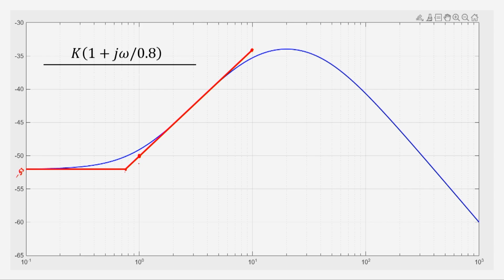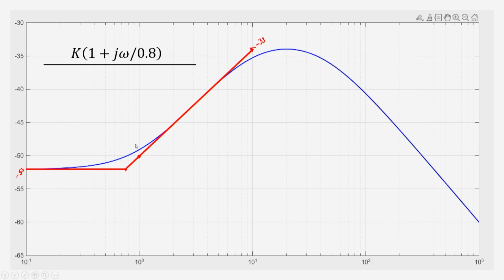So, there will be an increase of approximately how much? If you look at it, this is approximately minus 50, and this is approximately somewhere around minus 33. So, minus 50 to minus 33, which means approximately a 20 dB increase, right?